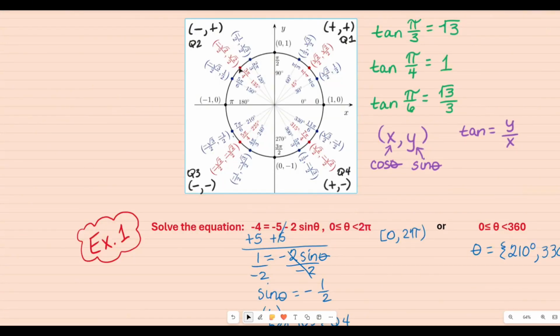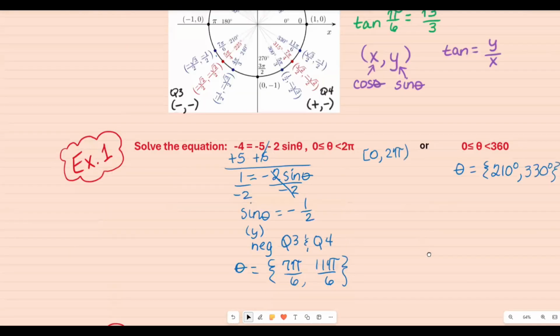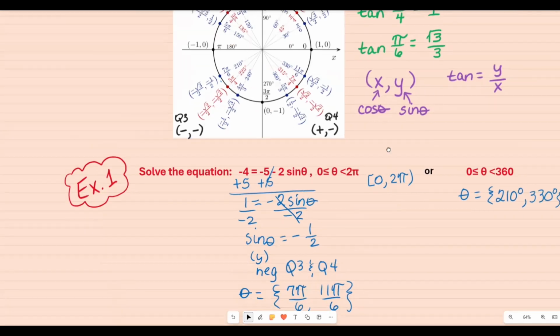And also if I look in quadrant 3, which is down here, it's going to be at 5 pi radians over 4. Now if I wanted to see what it's like as a degree, then I would go back to where it's 3 pi radians over 4 and 5 pi radians over 4. And I see that 3 pi radians over 4 is 135 and 5 pi radians over 4 is 225.